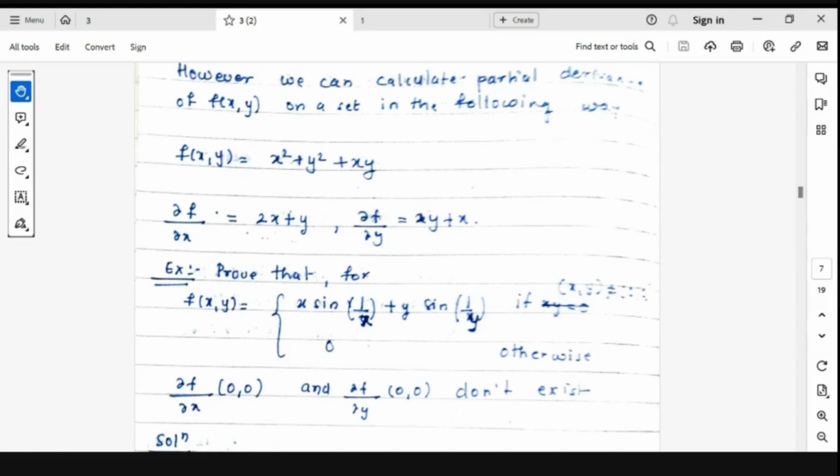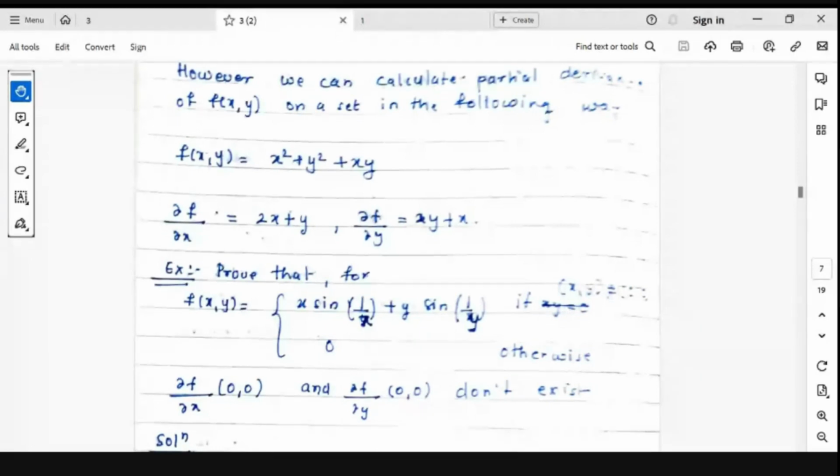Okay, so let us understand how the definition is applicable in this case. The derivative of f with respect to x at (0, 0) will be simply the limit as h approaches 0 of f((0, 0) plus (h, 0)) minus f(0, 0), divided by h. It is a little lengthy, but after one or two examples, I have not seen any student writing in such detail.